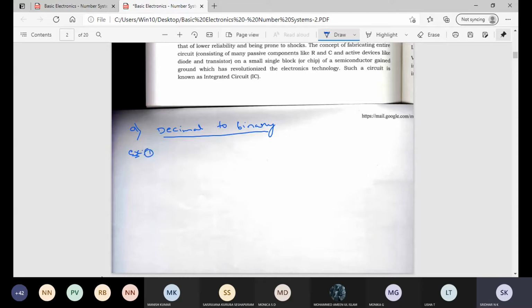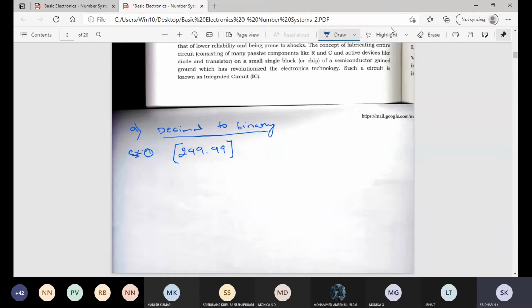Let us take one decimal number, 299.99. This is the decimal number. Some random numbers I'm picking. Okay, so it is in decimal, sorry, it is in decimal. Decimal means 2 should not come here.